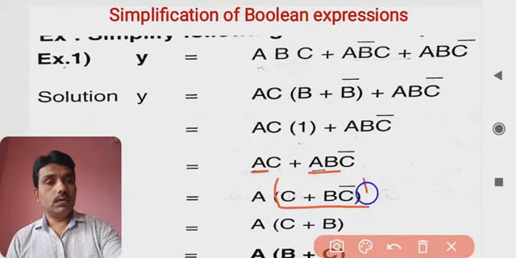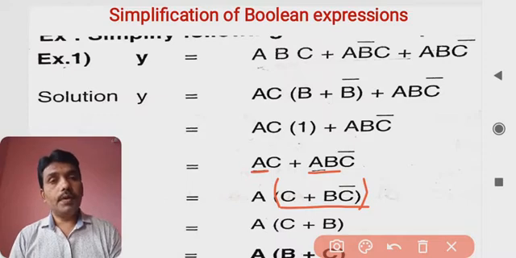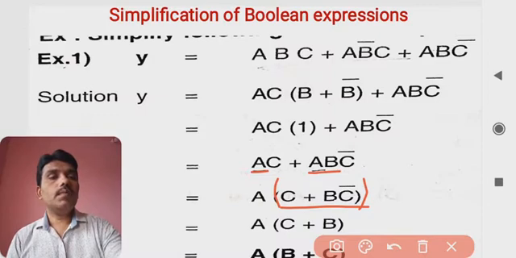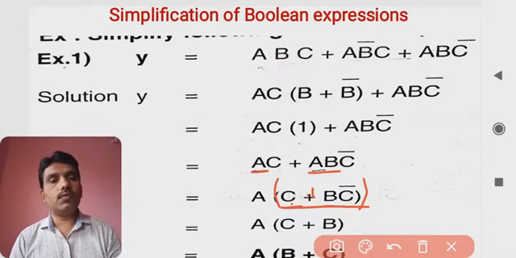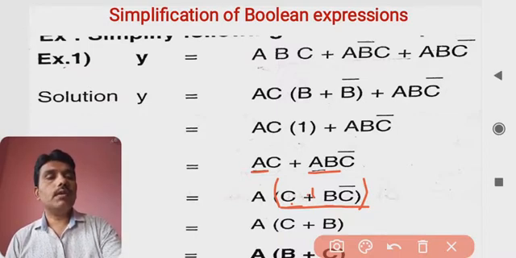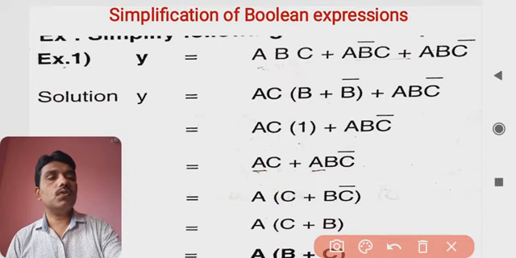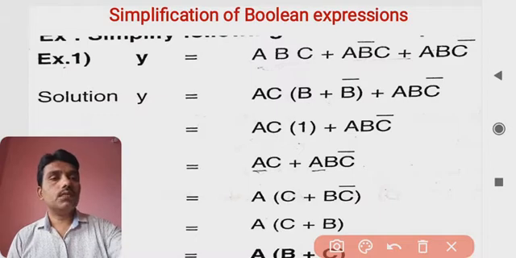We have seen law number 13 or 14, that A or A complement B is always A or B. So if a variable is ORed with the complement of that variable times another variable, the result is the first variable ORed with the second variable. So the remaining part, according to that law, is A and C or B. This is the solution for this expression.